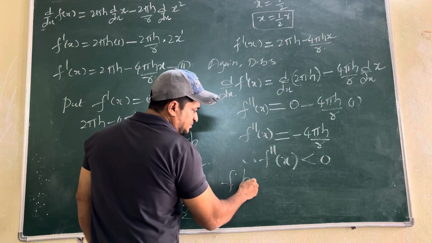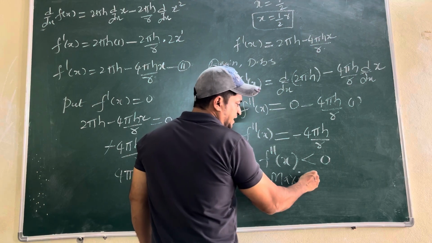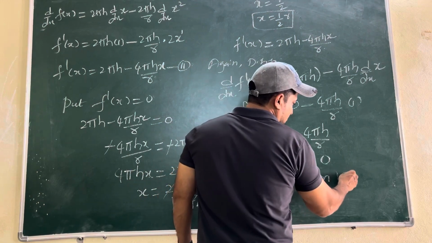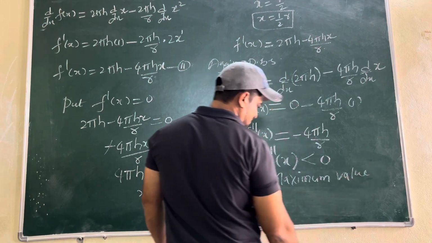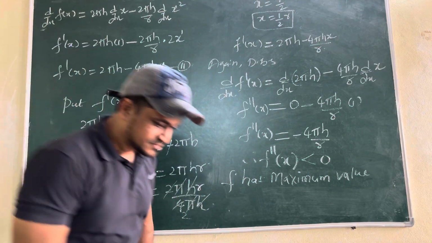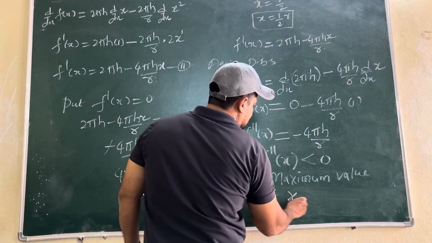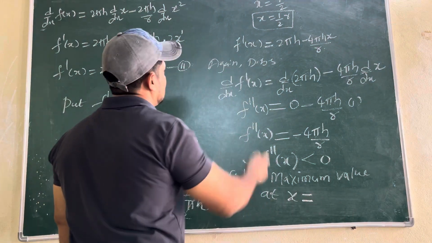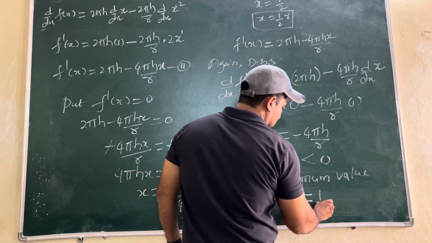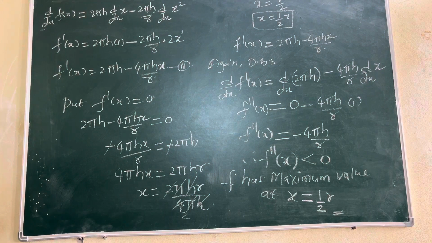F has maximum value, greatest value or maximum value at x equals how much? 1 by 2r. This is one of the questions. If you get a tough paper, they will consider this question for you.